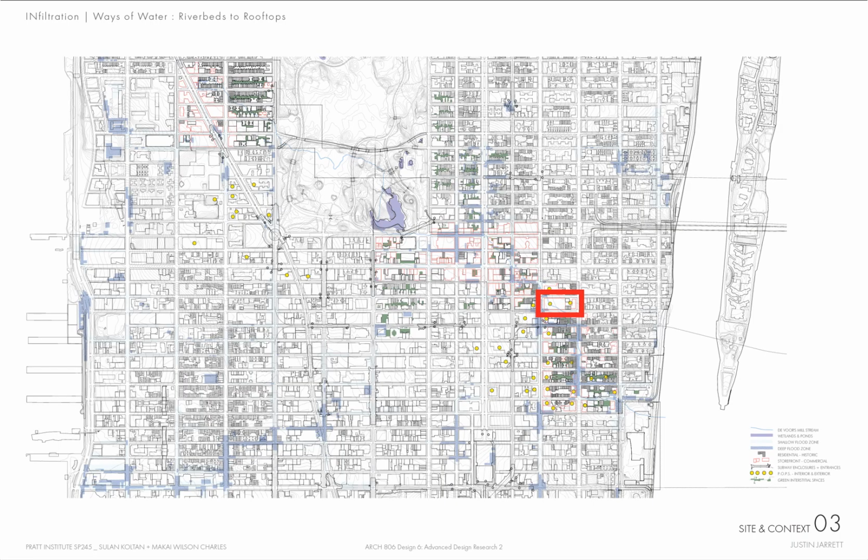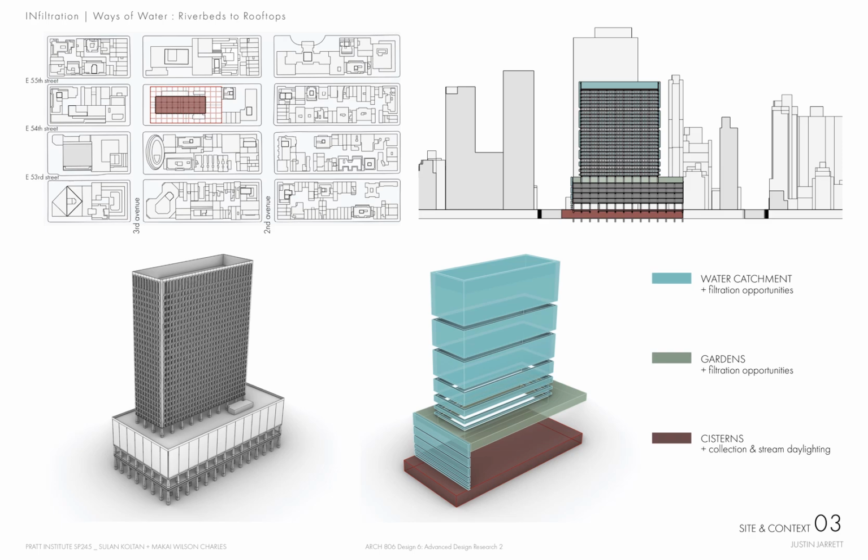So on to site selection. I chose the USPS building on 3rd Avenue in Manhattan, following the Deveaux Mills stream. This shows it originating from the north, coming down Central Park, and then following along and going right through this arcade that exists in this building. The idea is that we could use the high volume and surface area to aid in water catchment, providing filtration opportunities.